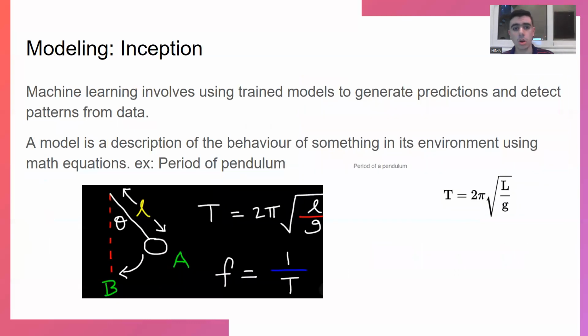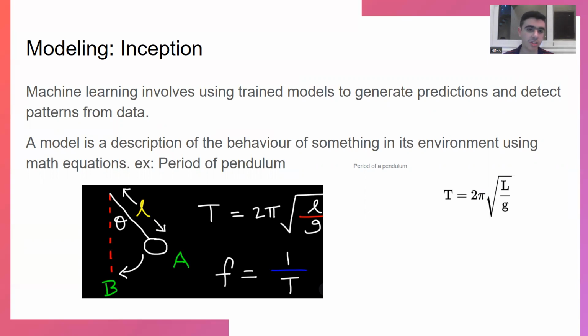Okay, so what's modeling? Machine learning involves using trained models to generate predictions and detect patterns from data. But what do we mean by modeling? A model is a description of the behavior of something in its environment using math equations.